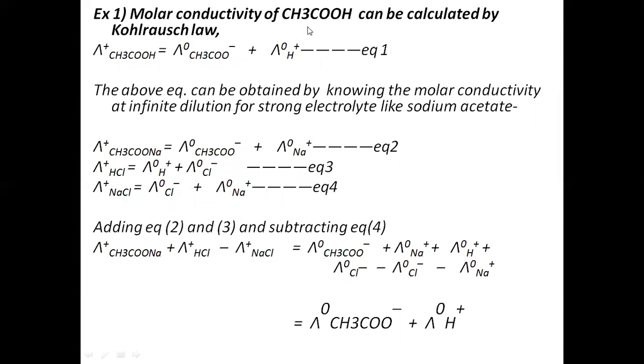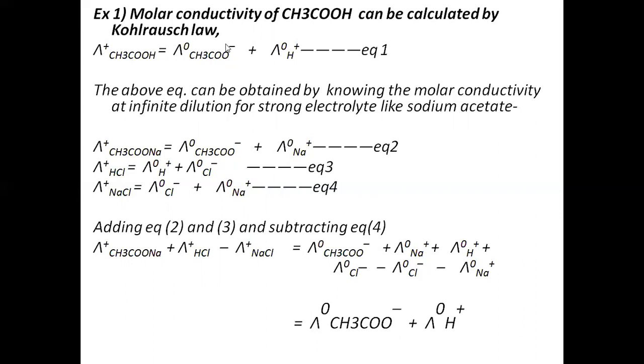Let's take, for example, the molar conductivity of the acid CH3COOH, which can be calculated by Kohlrausch law. According to Kohlrausch law, the molar conductance of CH3COOH is the sum of molar conductance of CH3COO minus and lambda 0 H plus. That is taken as equation number 1.